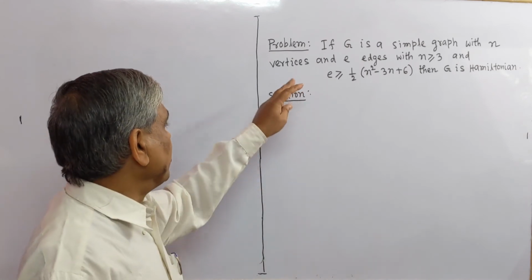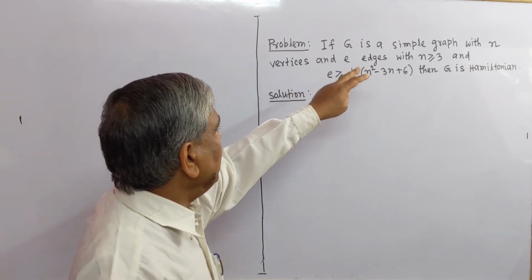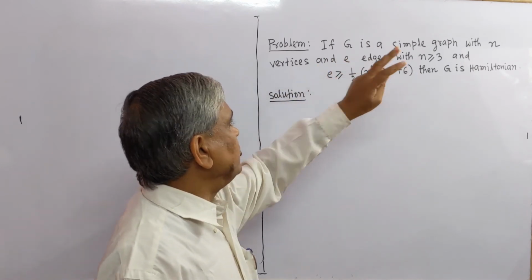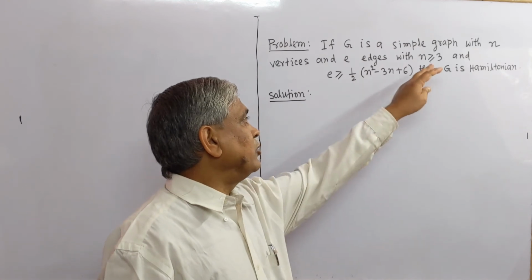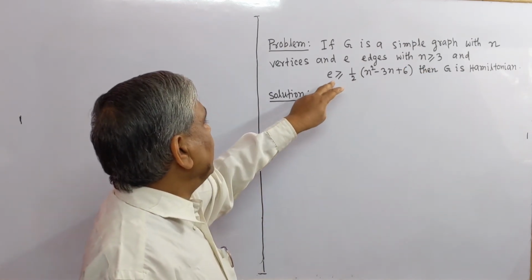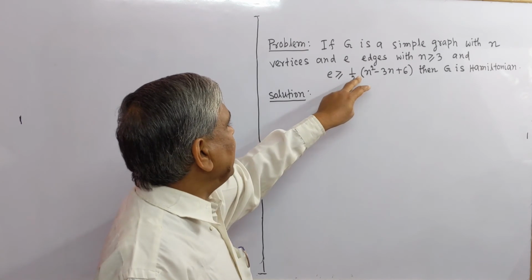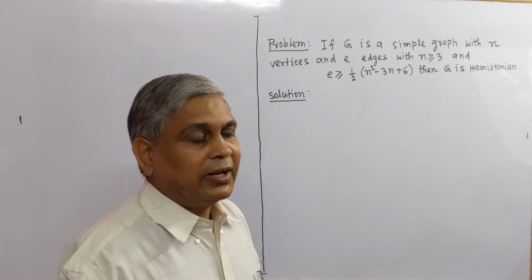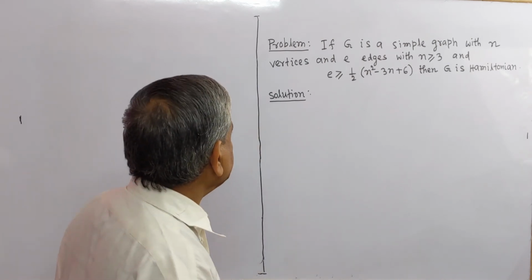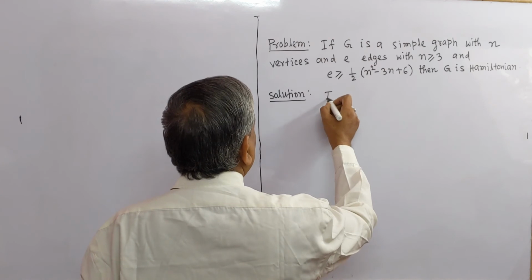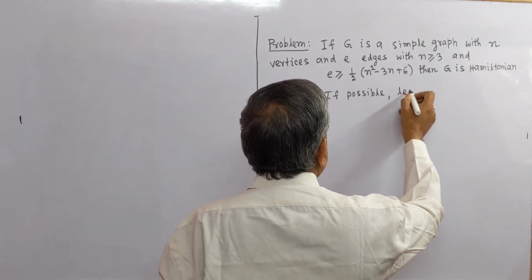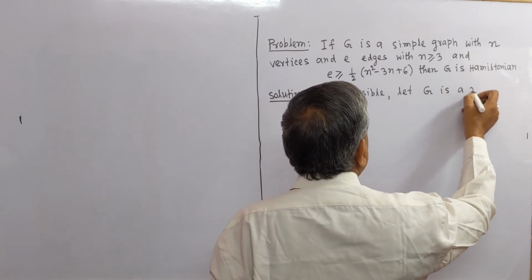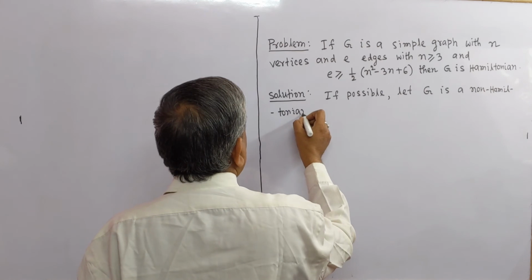Now we solve a problem. The problem is: if G is a simple graph with n vertices and E edges, with n greater than or equal to 3 and E greater than or equal to half of n square minus 3n plus 6, then G is Hamiltonian. Now we solve this. If possible, let G be a non-Hamiltonian graph.